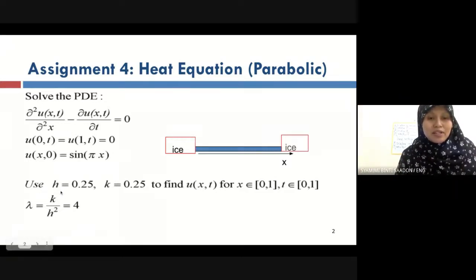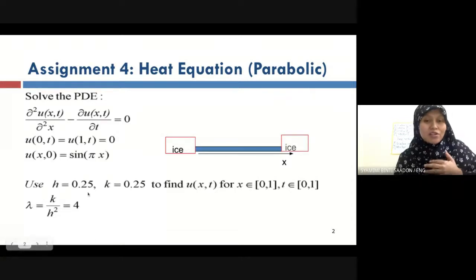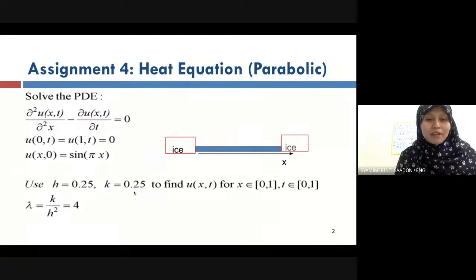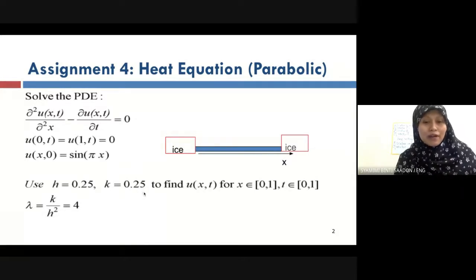Use the step size h of 0.25 given here, and k, a parameter like the thermal conductivity of the heat equation, which we define as 0.25, to find the function u as a function of x and t for x from 0 to 1 and t also from 0 to 1.